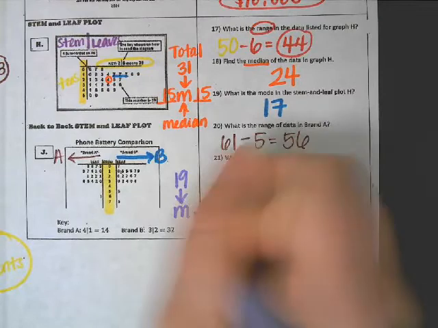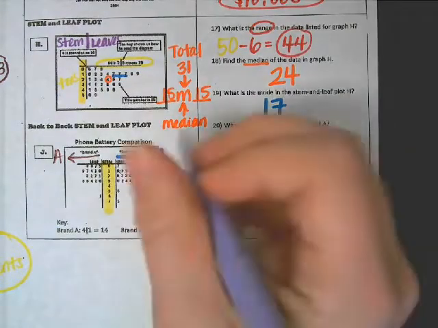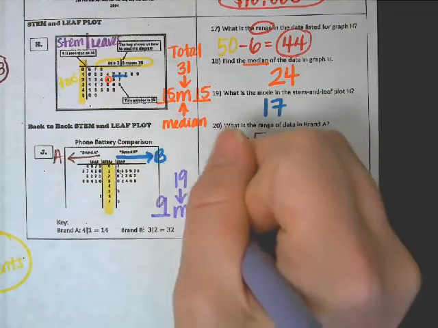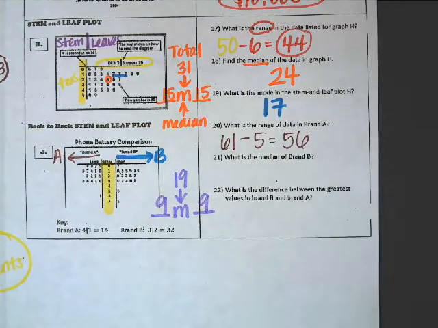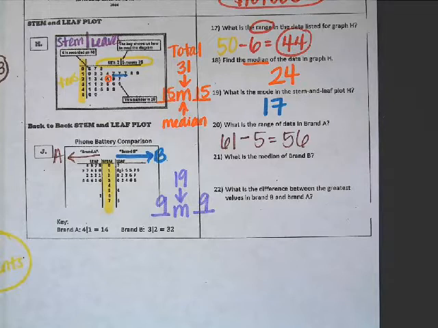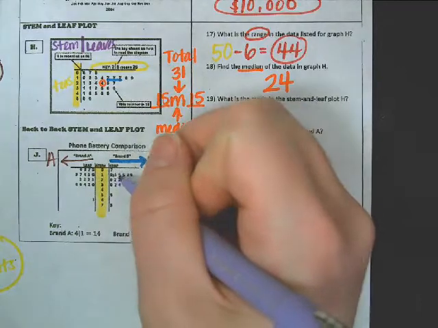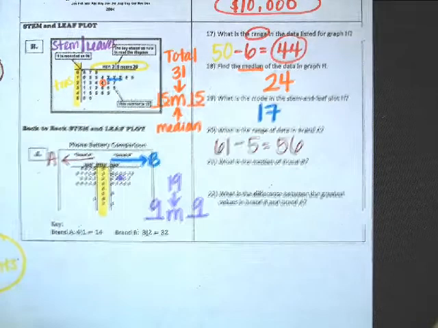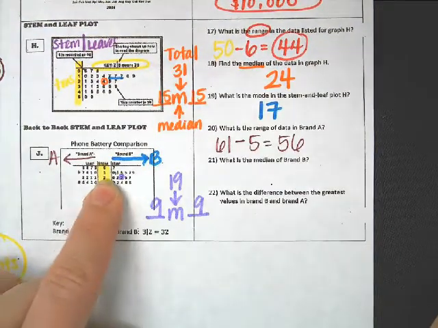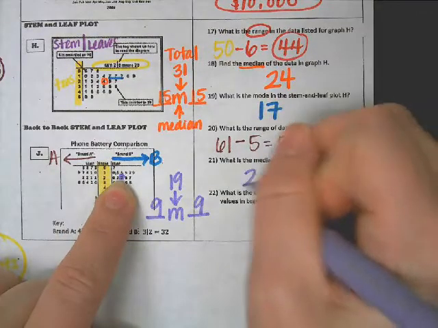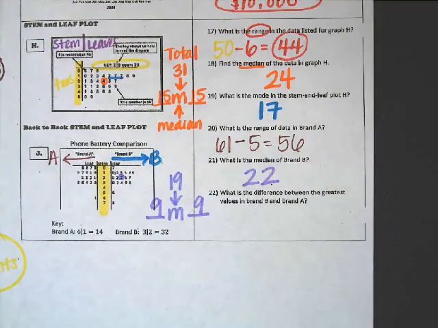Dividing 18 by 2, I realize there are 9 on each side. Let's go ahead and count this. I should have 1, 2, 3, 4, 5, 6, 7, 8, 9. Remember, the next number after that 9 is my median, and it's this 2 right here. The 2 is on the left and the 2 is on the right, meaning the median is 22.